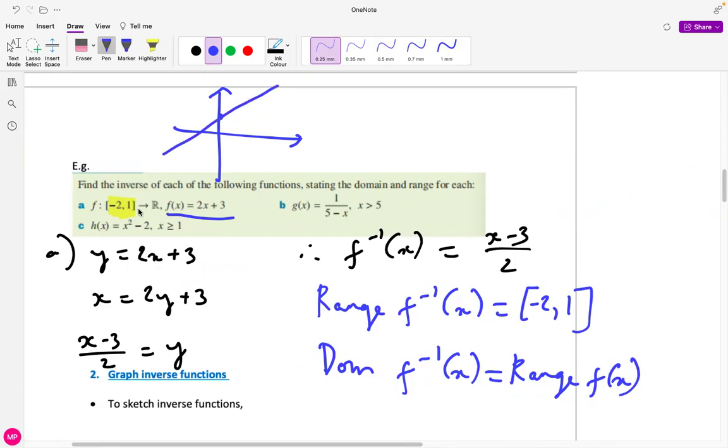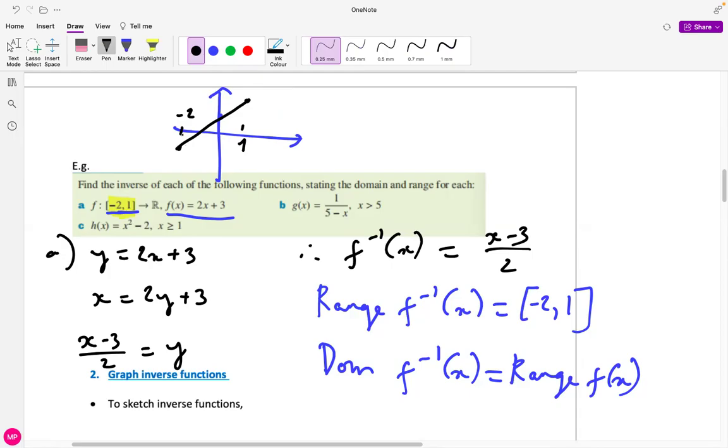Now, this is the domain of the original, so they want to restrict it from -2 to 1. So -2 is somewhere here to 1. So you can see that I've cut this graph off. So my graph is only from there to there, including the endpoints.